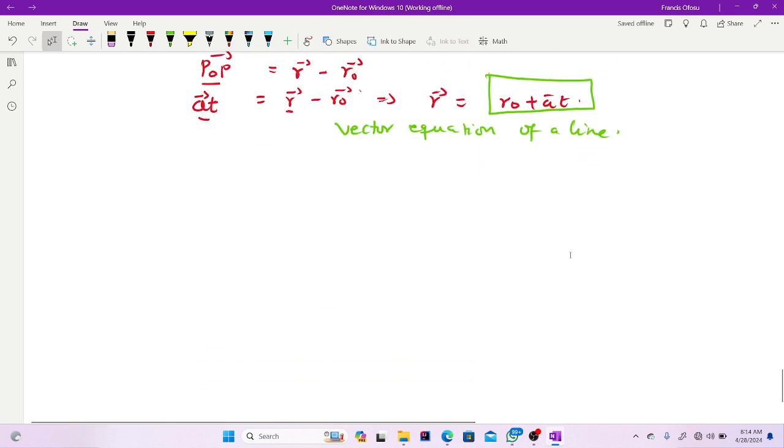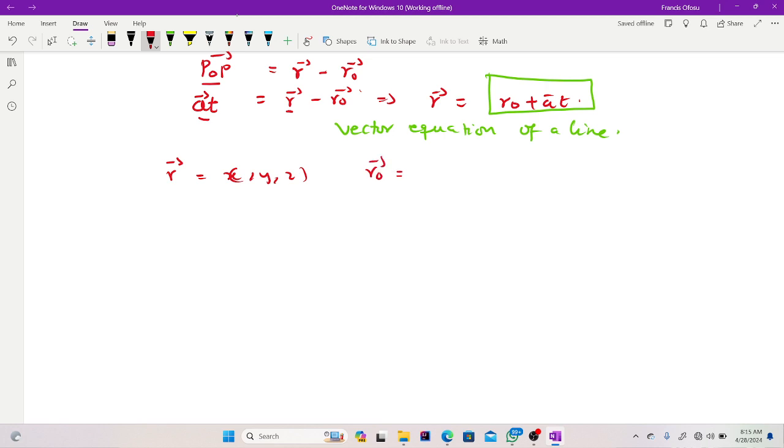So now let's see. Assuming that our R is equal to an unknown X, Y, and Z, right? And our R naught is giving us a known X naught, Y naught, Z naught.